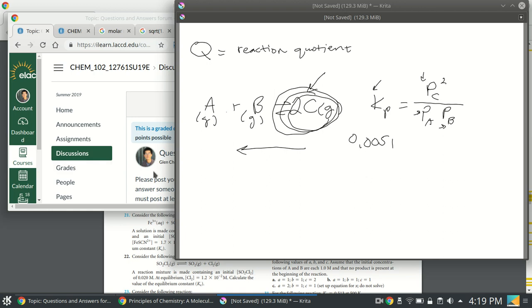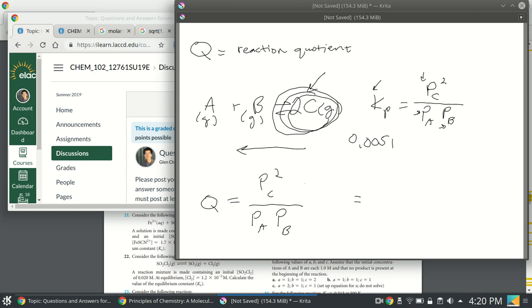All right, so here's how you do it. You take the reaction quotient Q. Q equals the products over the reactants when you are not at equilibrium. Look, it's exactly the same thing as the equilibrium expression, except we are not at equilibrium.